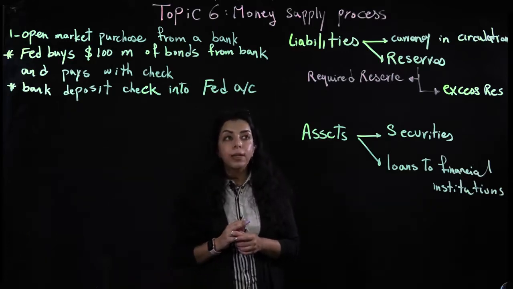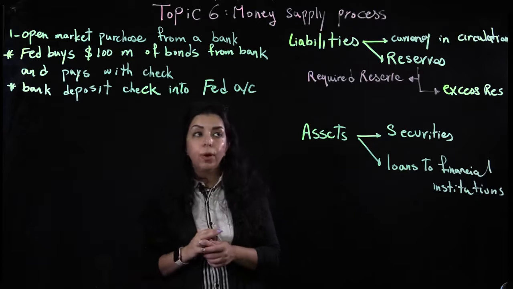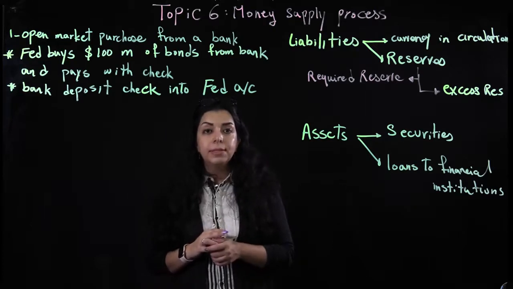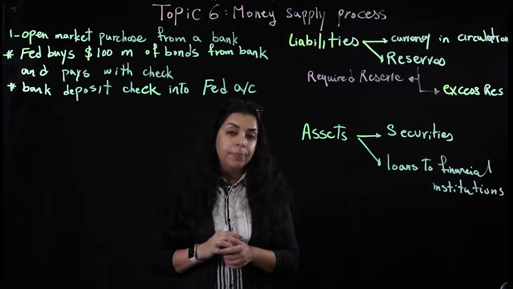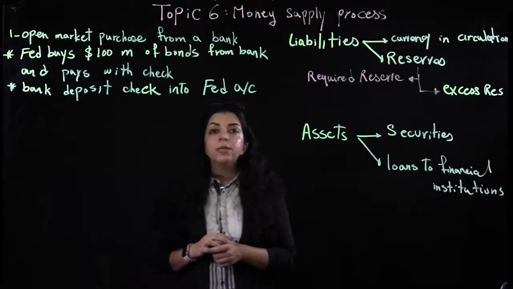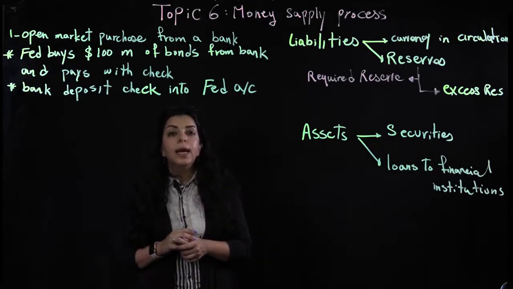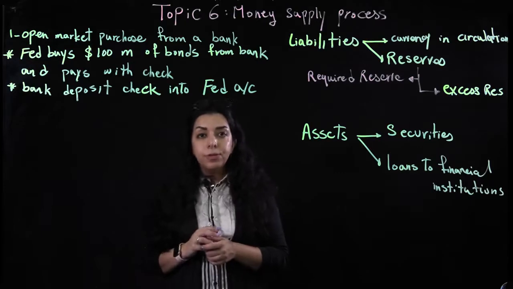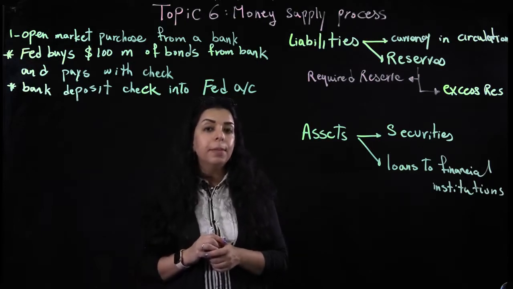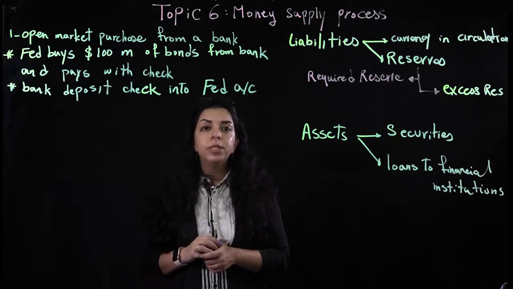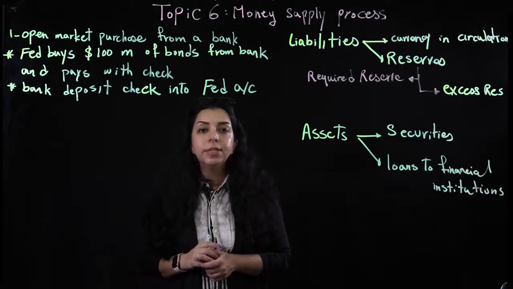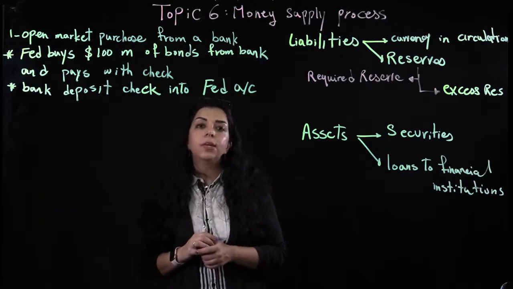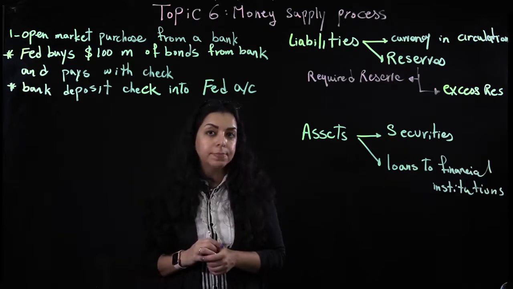We can divide the reserve into two parts: the required reserve and the excess reserve. Required reserves are the amounts dictated by the central bank, which the banking system has to keep as a particular percentage of the deposits they receive from depositors.